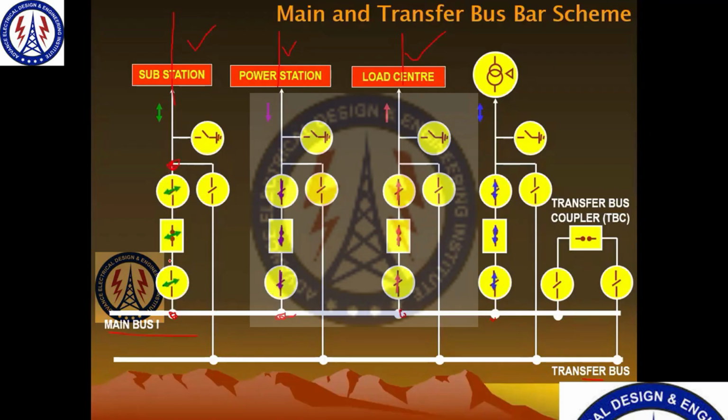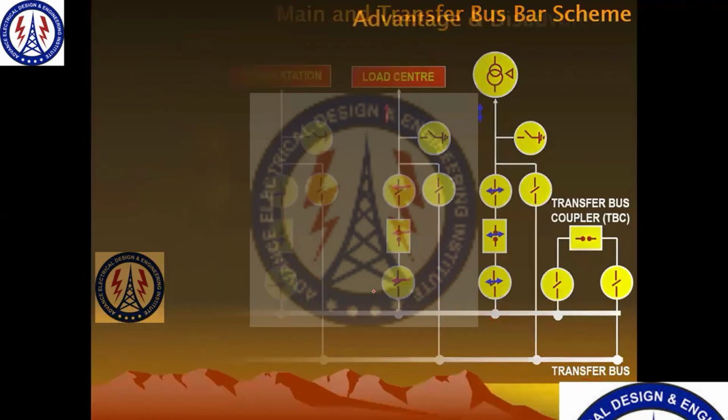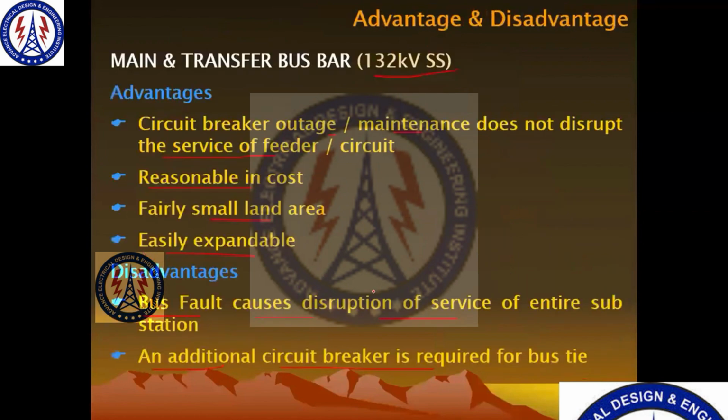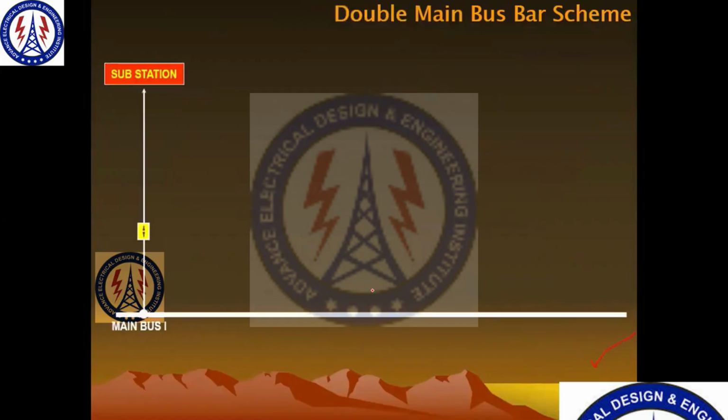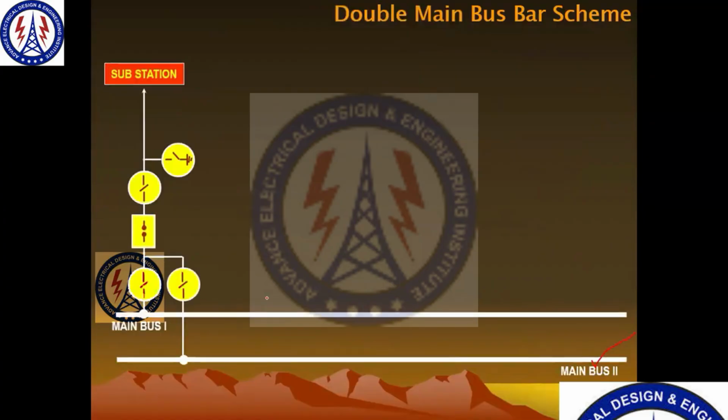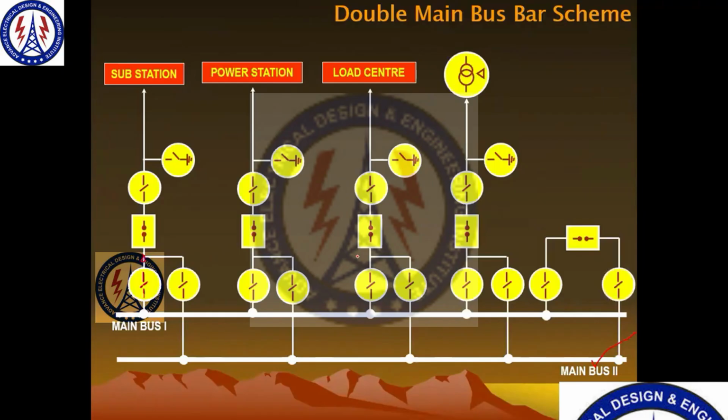And in our double bus bar scheme, we have the connection here. So we have shifted this connection to here. Earlier it was here in main and transfer. In the double main bus bar scheme, we have the connection here. Correct? So this is the difference between the two.